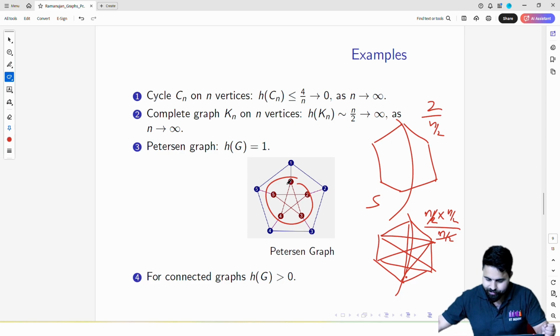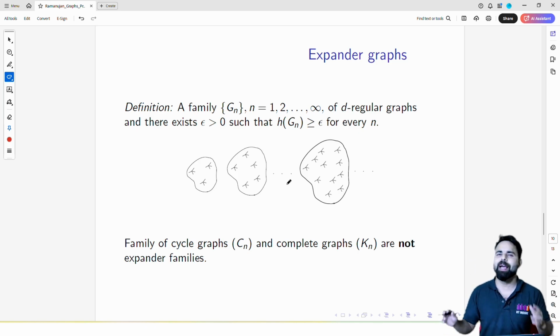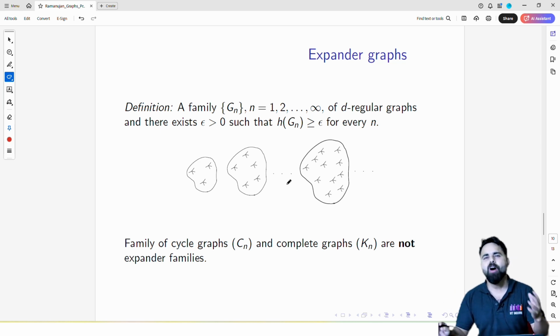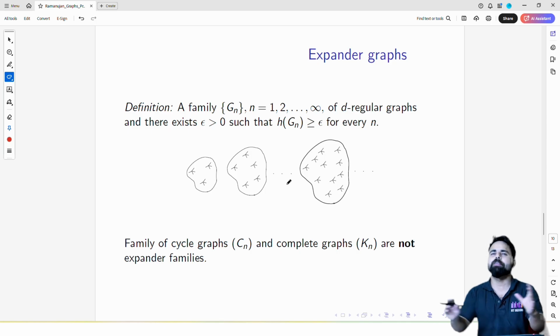Okay, very good. Now comes a very, very important definition. Till now I have made use of the word expanders. Actually, when we say expanders, we talk about a family of expanders, and this is a growing family.